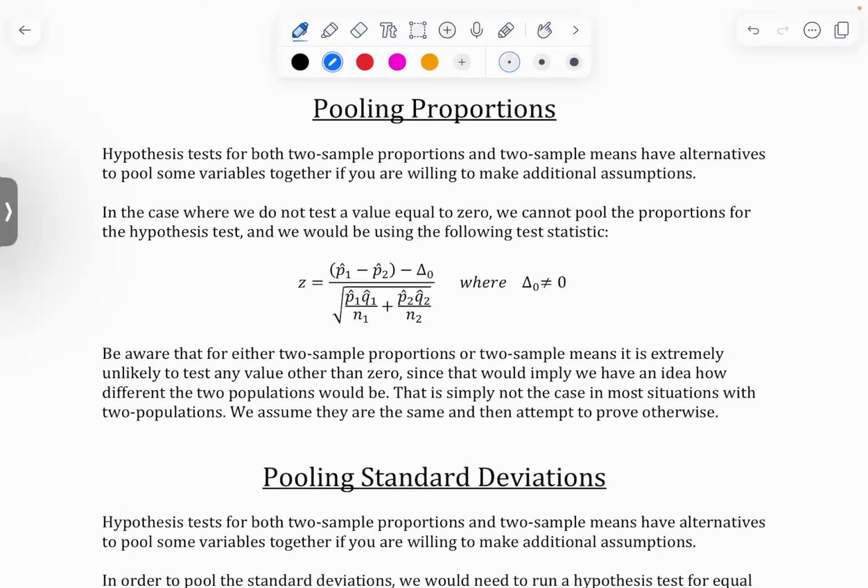Oh, one last little thing before we wrap up here. Like I said, we talked a lot about pooling, which is combining proportions or standard deviations to make the calculation simpler. Whether you pool or don't pool depends on the assumptions that underlie the situation. The good news is we have conditions that we check.